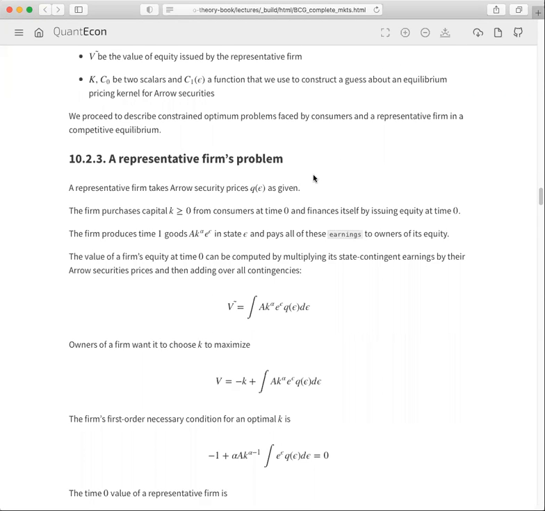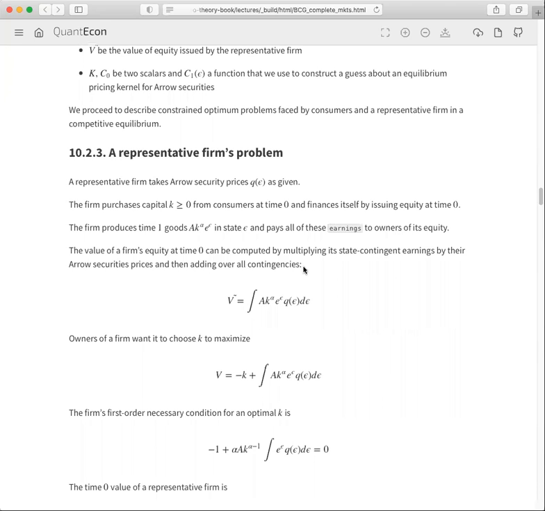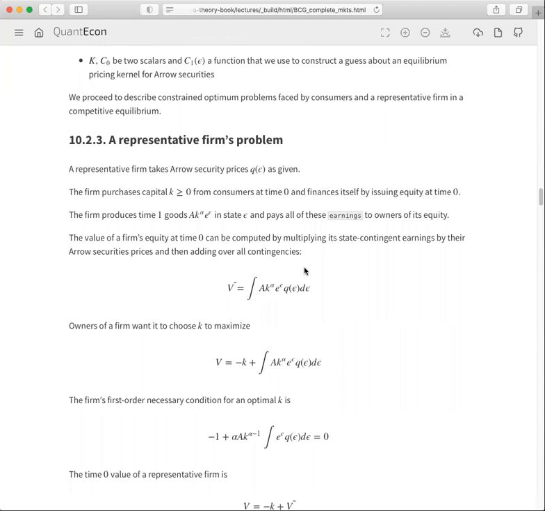Okay, let's talk about the representative firm's problem. The value of the firm is going to be, so we have to ask, what's the value of the equities that it issues?